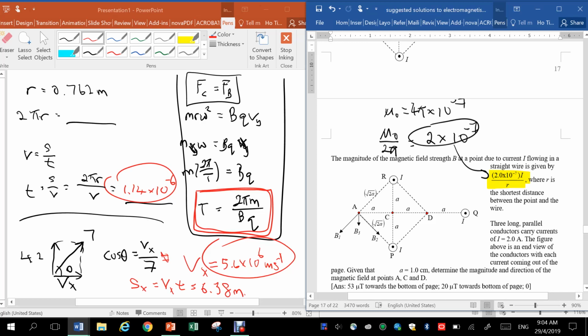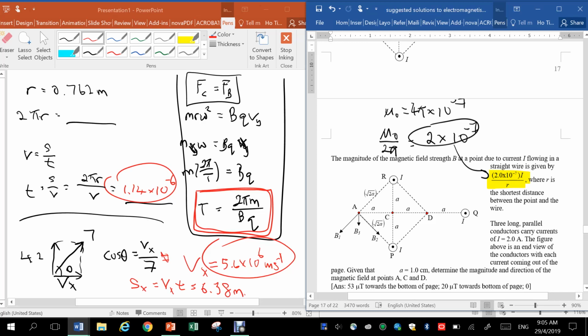Next, 3 long parallel conductors carry currents of 2.0 A. The figure above is the end view of the conductor. That means the currents are coming towards us.